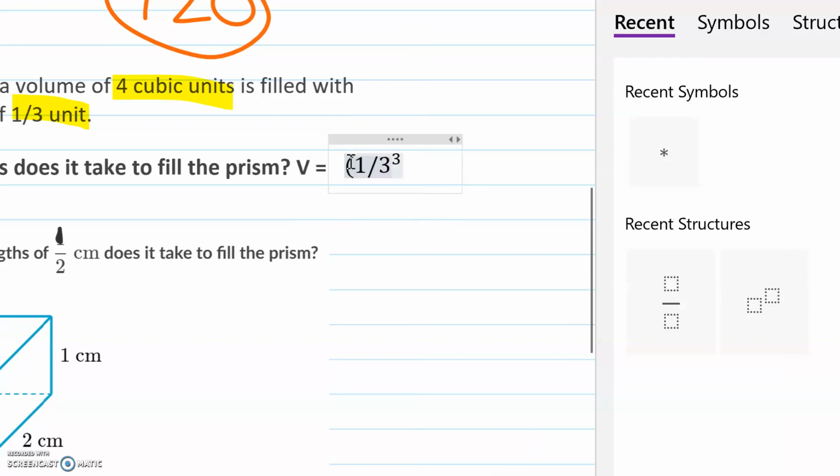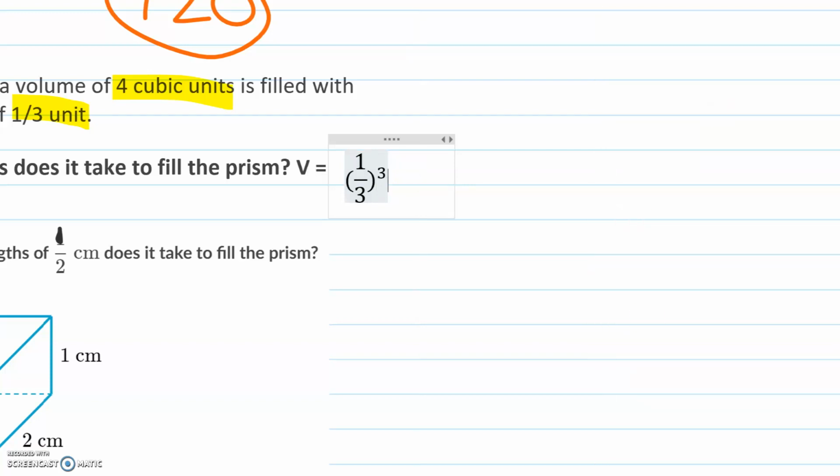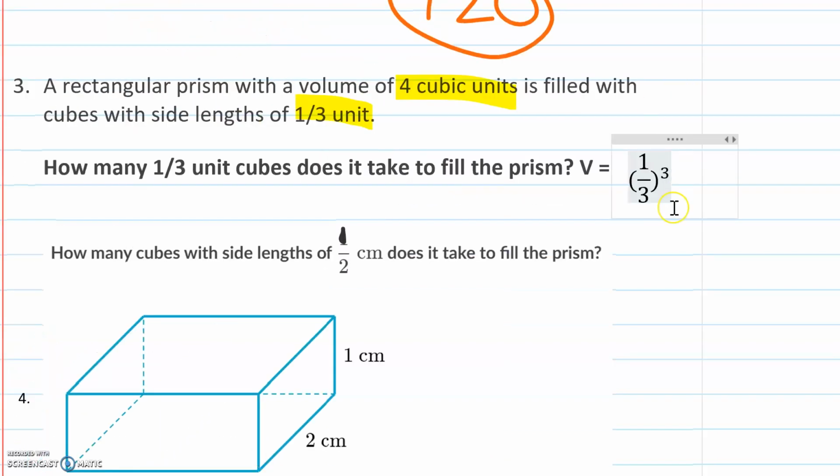And 1/3 to the 3rd power is actually going to give me 1 over 27.